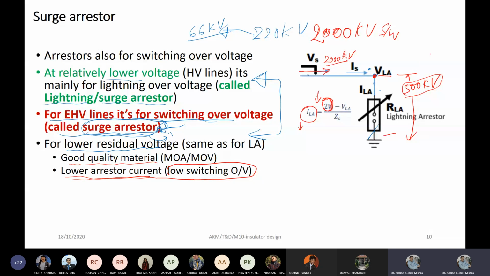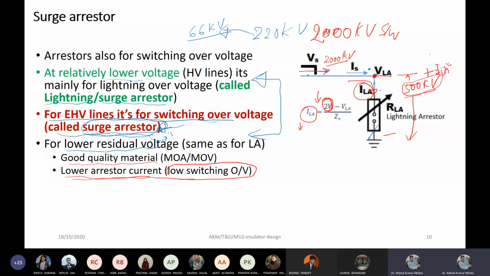No, it's not, because of the practical nonlinear characteristic of the surge arrestor. I have told you that the voltage across the arrestor during conduction, which is called the residual voltage, also depends on how much current is flowing through that arrestor. The larger this current, the larger the difference from this 500 kilovolt. This quantity is somewhat proportional to the current through the arrestor.